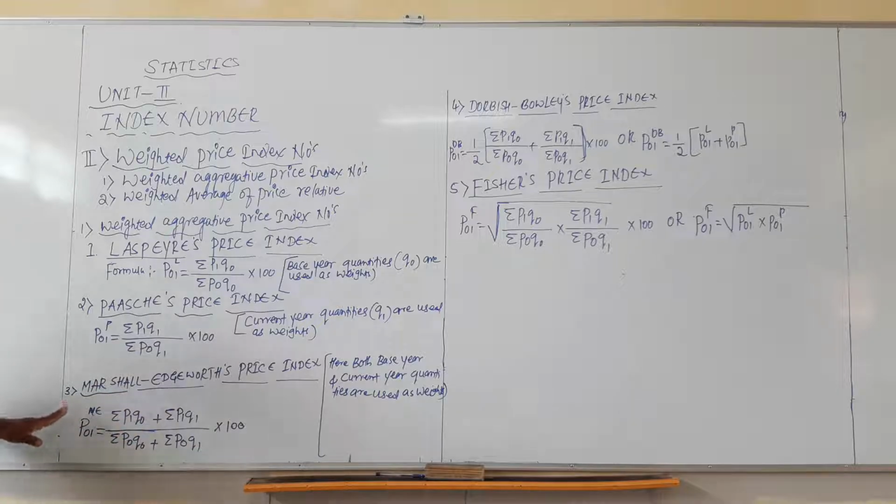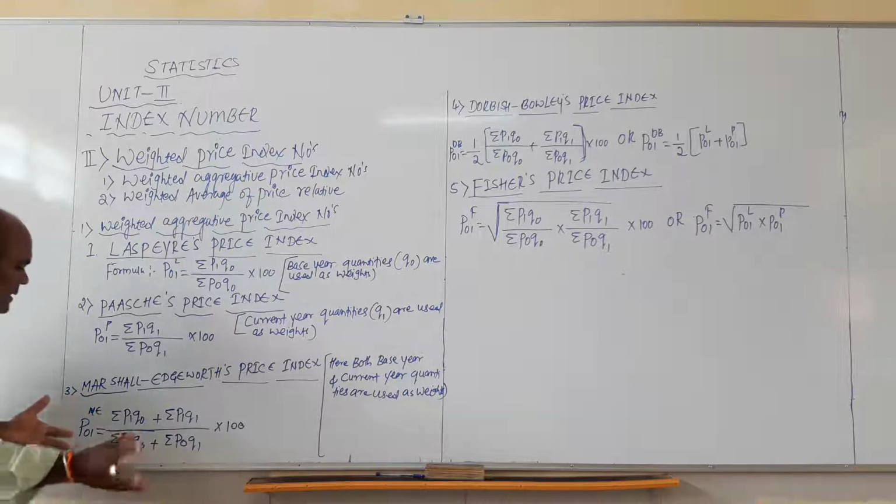So P of 0 1 raised to ME, Marshall-Edgeworth, equals summation of P1 Q0 divided by summation of P0 Q0, plus summation of P1 Q1 divided by summation of P0 Q1.